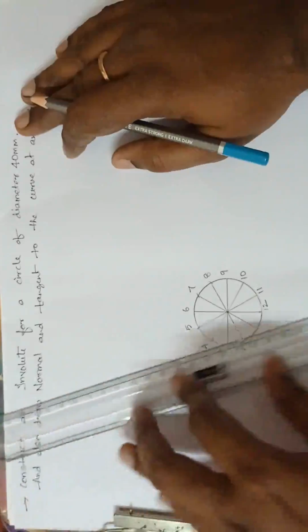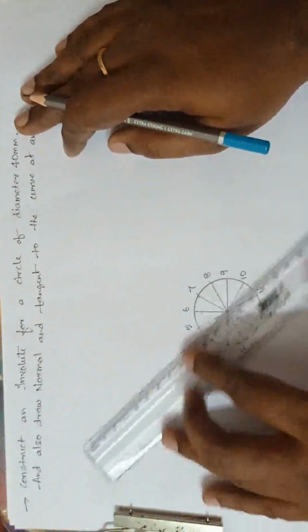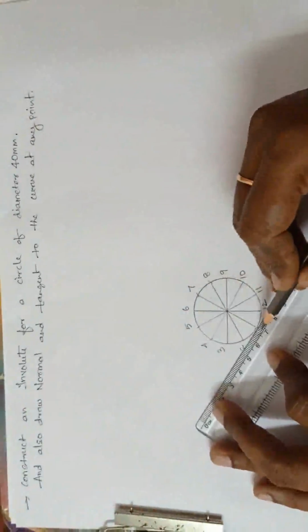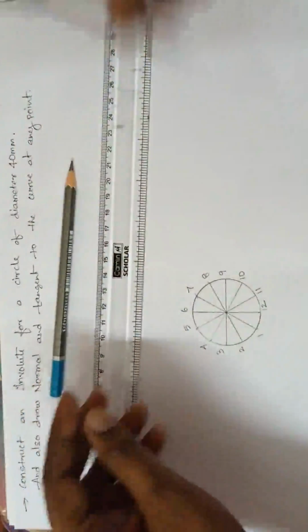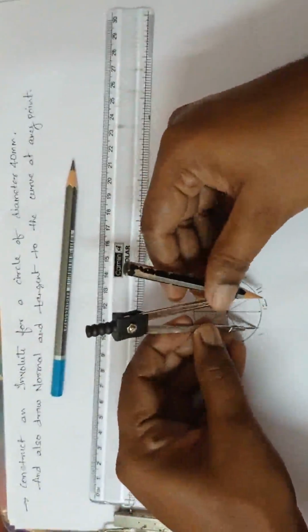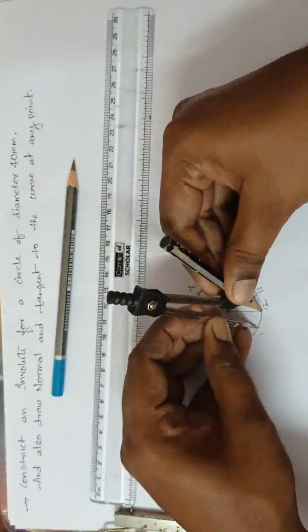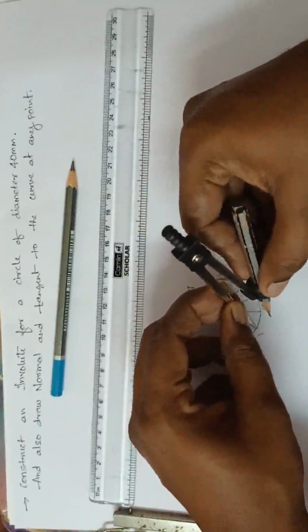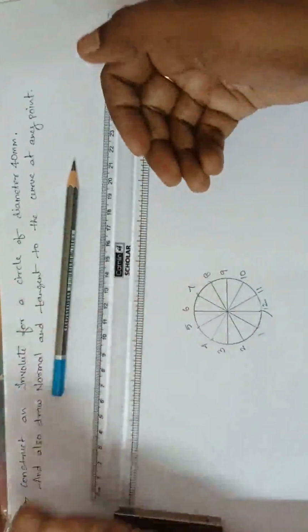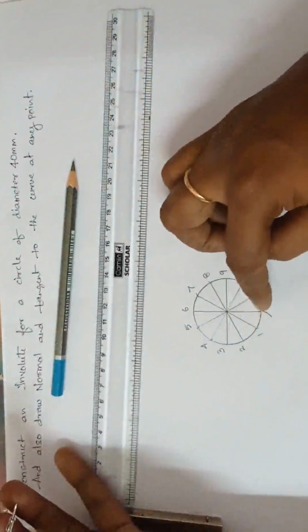Now what I'll do? First, from 1, I'll take a radius 1 to 12. Draw a very small curve like this. See here, radius 1 to 12.